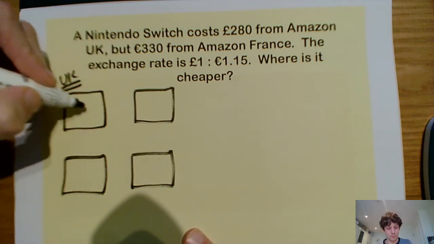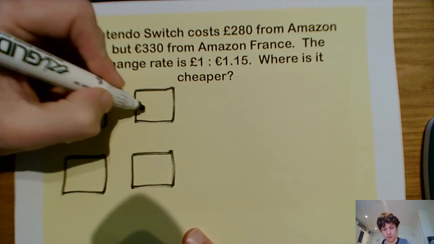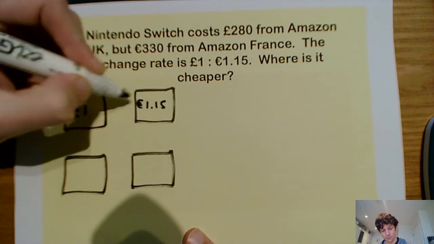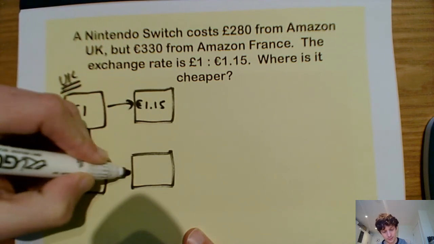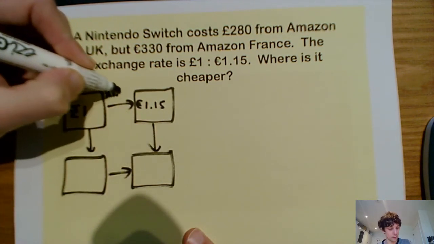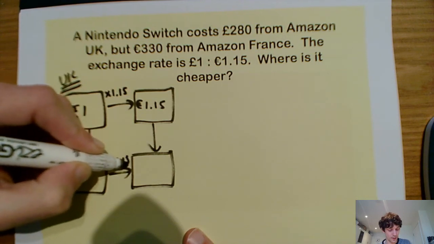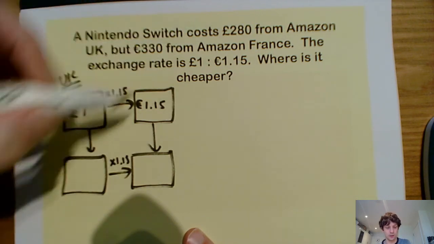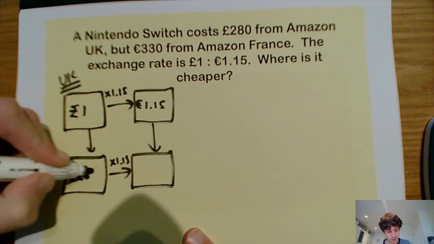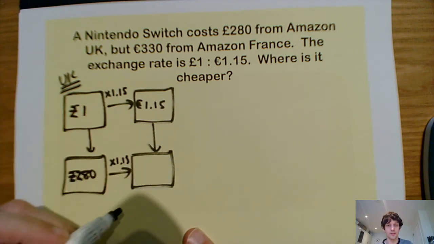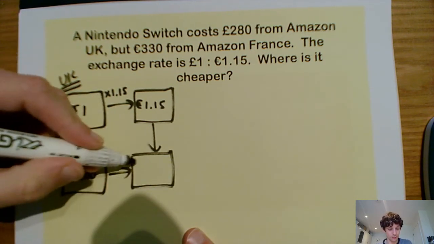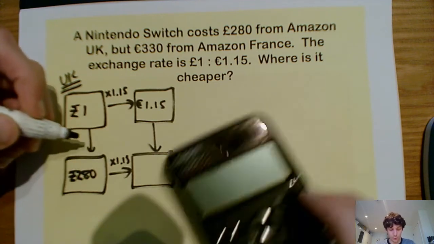So my exchange rate is 1 to 1.15 in both cases. So to get across, we multiply by 1.15. In the UK, it costs £280. So let's see how many euros that is. To move across, we've already written that. That's 1.15.